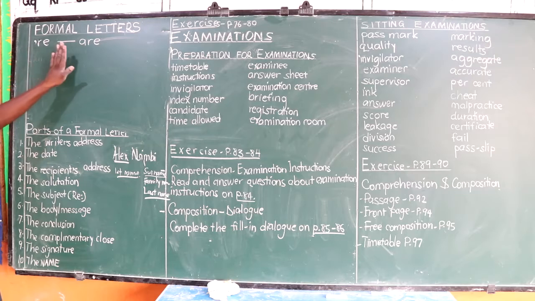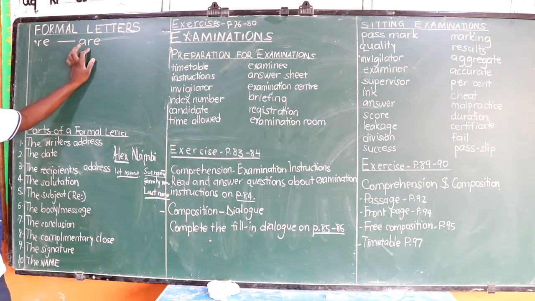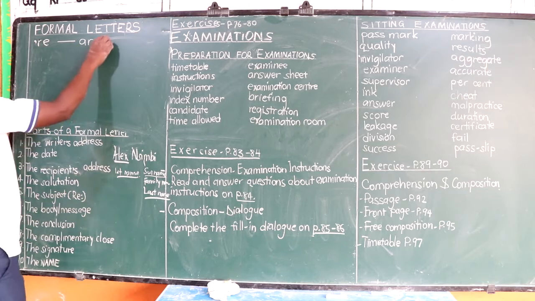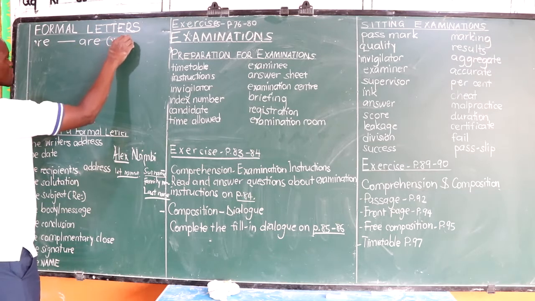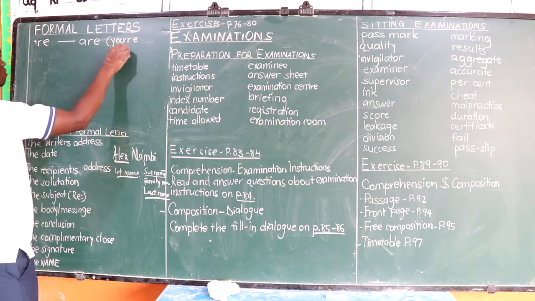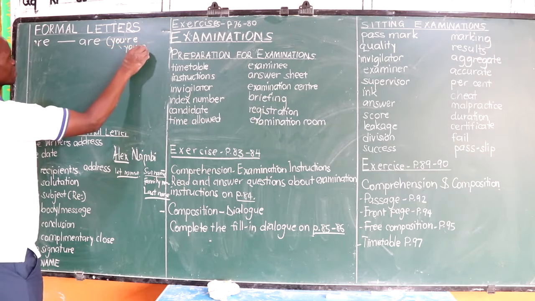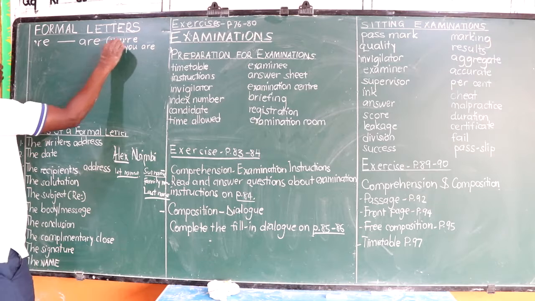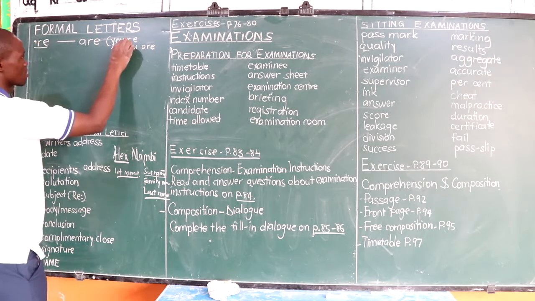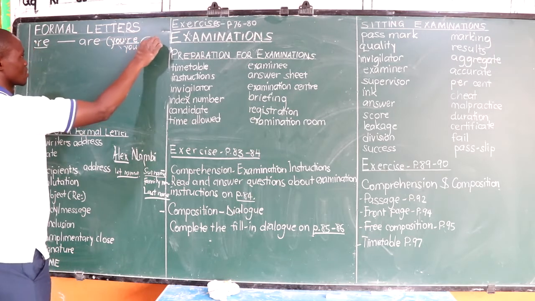Meaning, if I see anything like apostrophe RE, I'll change this to ARE in my full form. An example, you apostrophe RE. The answer would be you ARE.